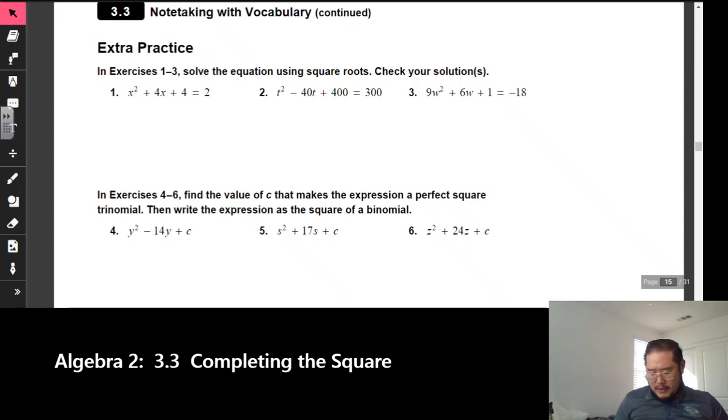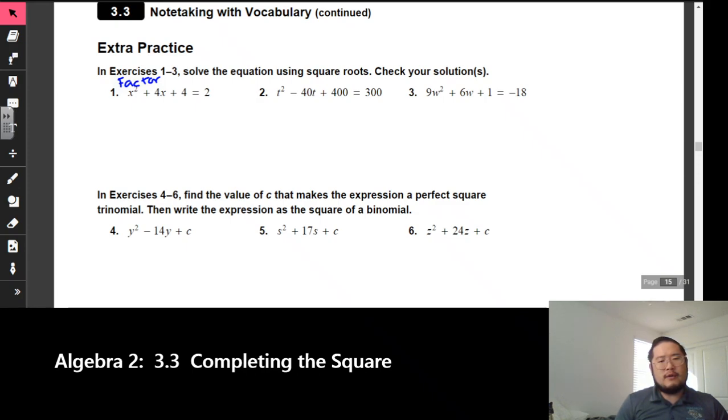So in problem 1, step 1, let's see what we could do right here. I have myself a trinomial. Now I could move forward to the other side, but there's something we can do. What I can do with number 1 to start off is factor it.